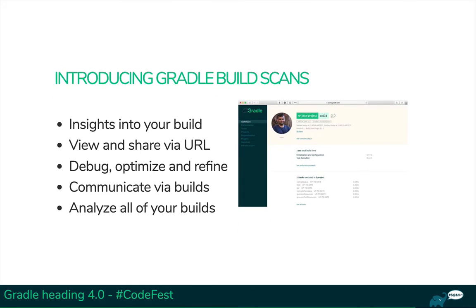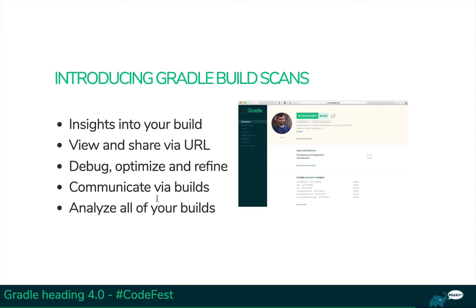That's where we want to introduce Gradle build scans, or that's what we're currently working on. It gives you insights into your build. You can view and share your builds by just copy-pasting a URL. Debug, optimize and refine your builds.